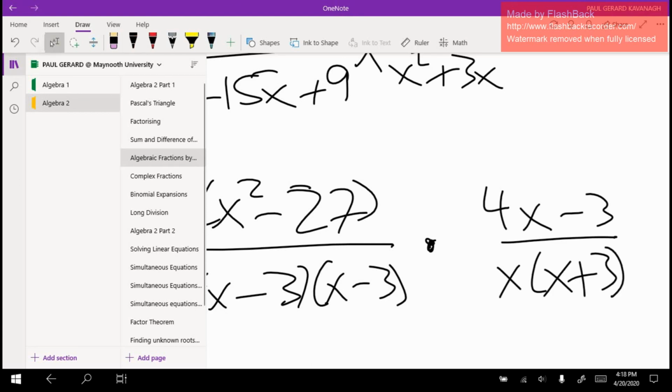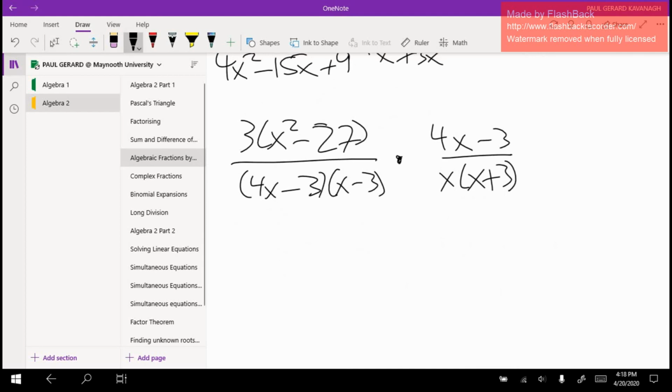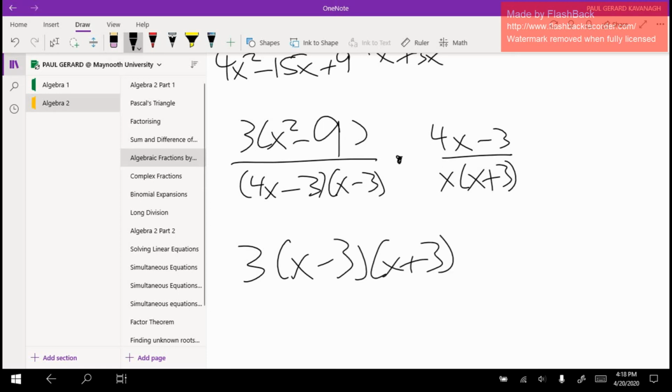So now you can write this as one fraction, after factorizing the terms in the brackets. The x squared minus 27 fraction, you can say, my bad, it's x squared minus 9 actually. Difference of two squares. Multiplying all that by x minus 3.